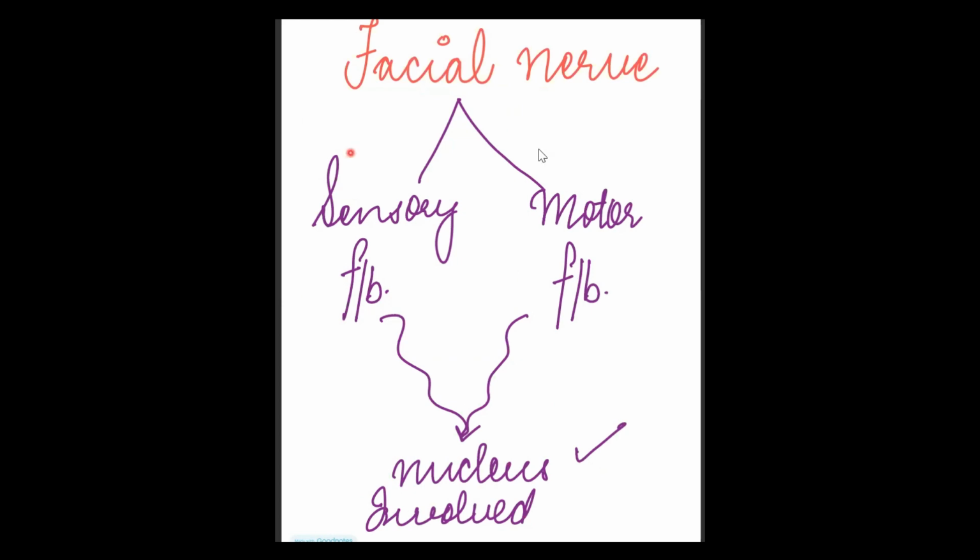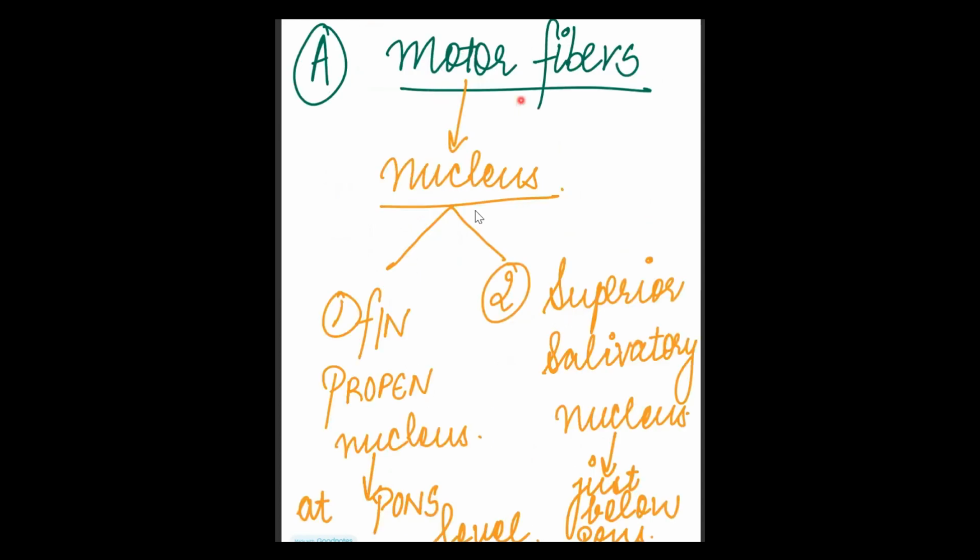Talking about the facial nerve, it has two types of fibers, sensory fibers and motor fibers. So obviously there is a nucleus involved. We'll talk about the nucleus related to motor and sensory fibers. For the motor fibers, there are two nuclei.